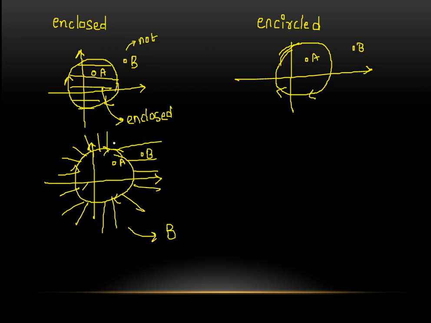Now, have you got the difference between enclosement and encirclement? With respect to this figure point A is encircled, and with respect to this figure point A is enclosed. With respect to this figure point B is enclosed.